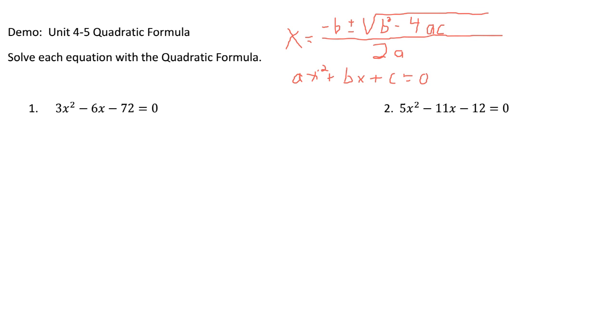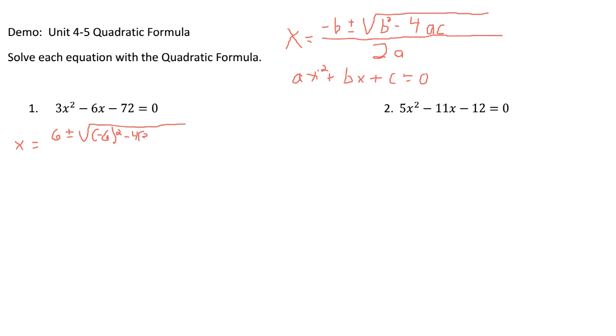So we come over here, and we're going to have x is equal to the opposite of b, which is 6, plus or minus the square root of b, which is negative 6, squared, that's in parentheses, minus 4 times a, and I usually put these in parentheses.